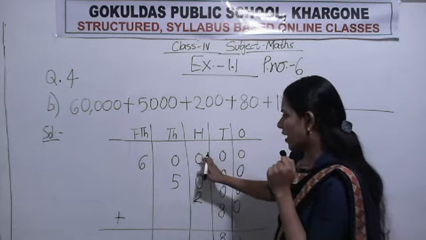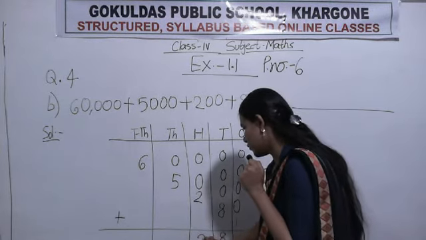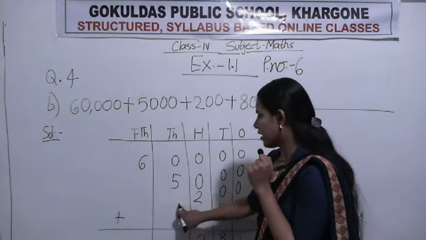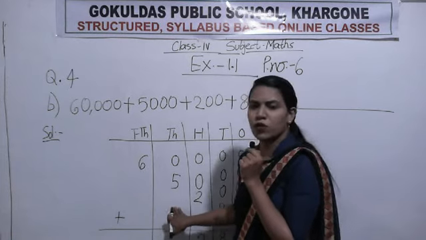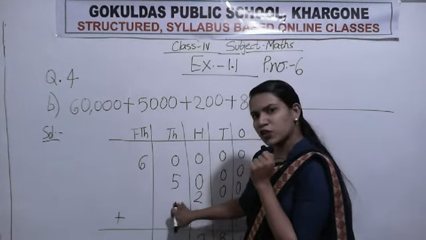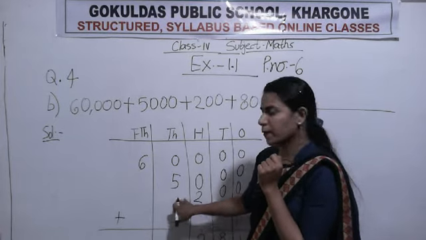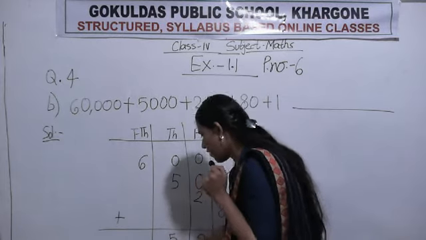Now add here 0 plus 0 plus 2, which is 2. Here no digit is present, so no need to worry; if nothing is there, consider it 0. 0 plus 5 is 5.